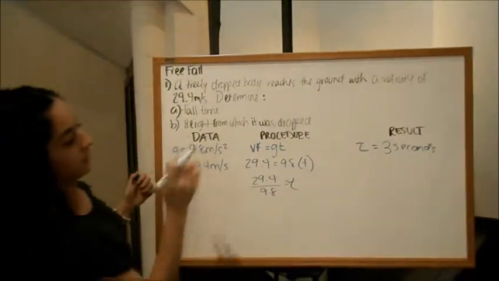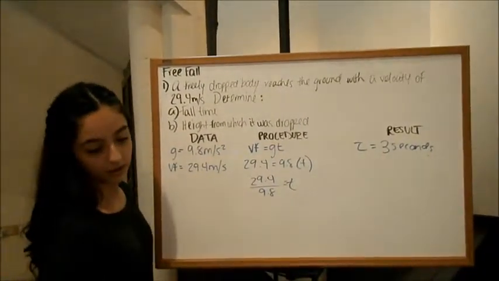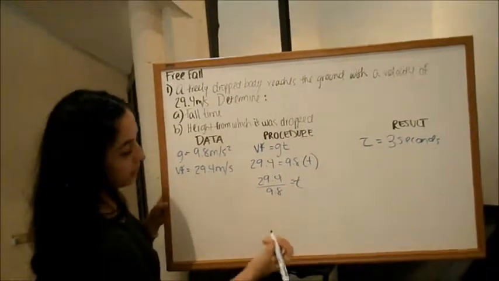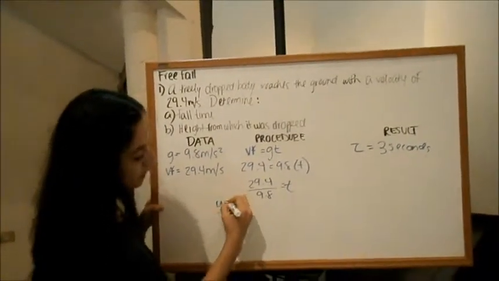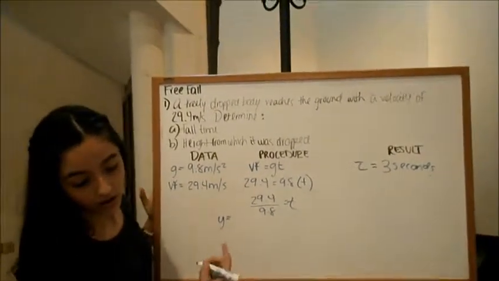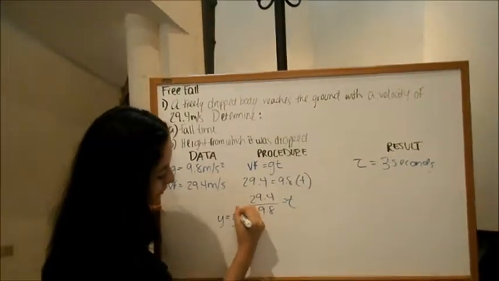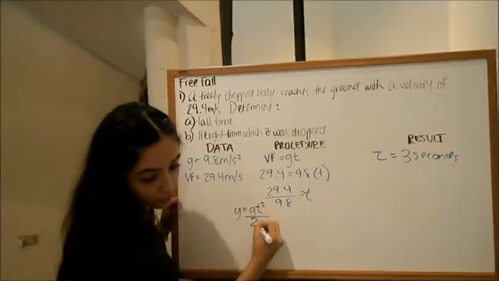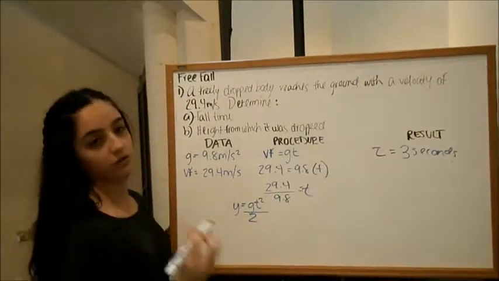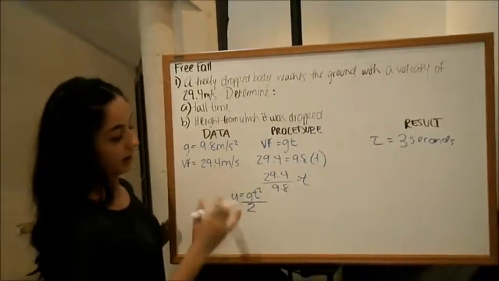Next is asking us for the height. That means the distance. And we know that the formula of the distance is y, which is distance, equals gravity times time squared over 2. So all we have to do is put the data in that formula and get the distance.